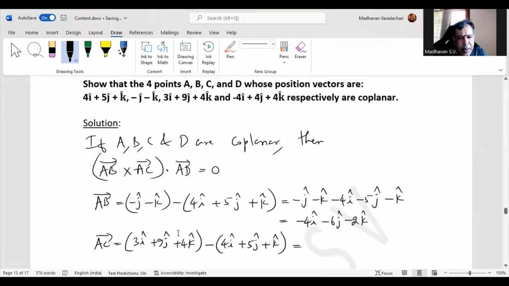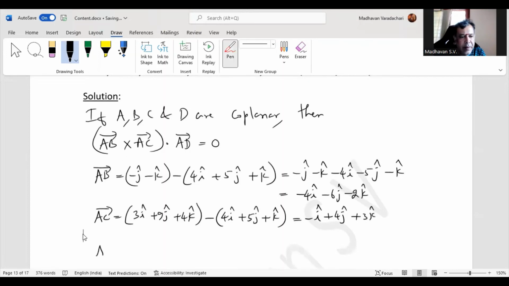We may directly do it. 3 I cap minus 4 I cap is minus I cap. And then 9 j cap minus 5 j cap is 4 j cap. And then 4 k cap minus k cap is 3 k cap. That is our vector AC.